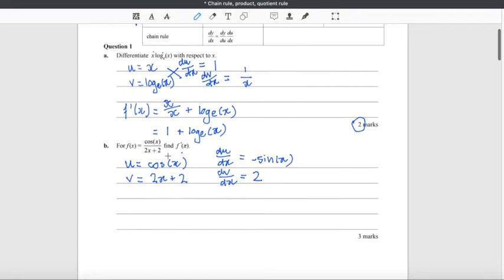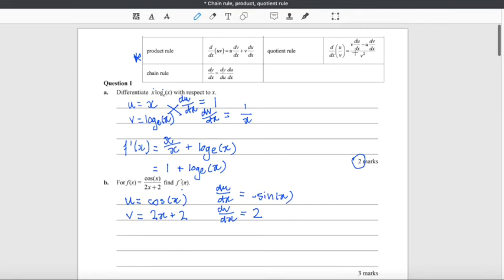Alright, then we need to use the quotient rule here. So f dash x is equal to v du dx. Well, let's write that. So v is 2x plus 2, times du dx, which is minus sine of x. We're going to divide all of that.